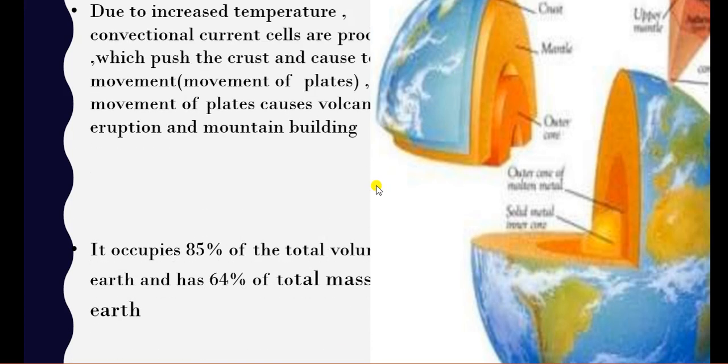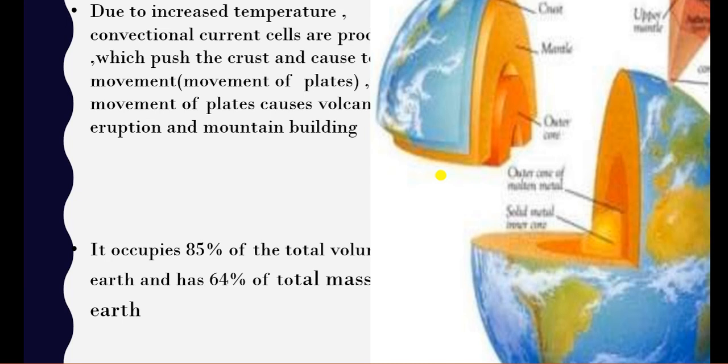So dear viewers, due to increased temperature, convectional current cells are produced which push the crust and cause different movements. That's the movement of plates. As I said earlier, plates means rigid portions of the earth which were formed when the single mass of land, Pangaea, was broken into pieces.